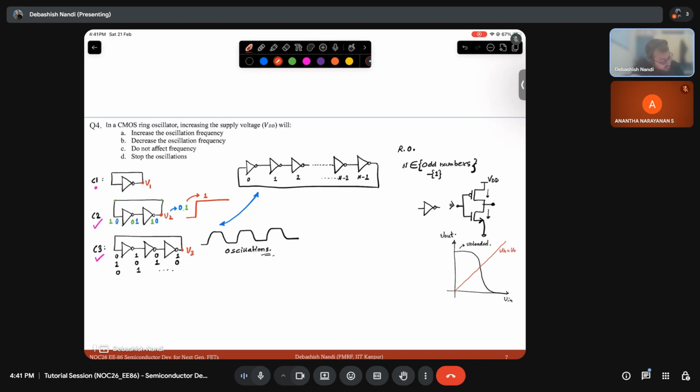This is Vin equal to Vout, a straight line. This is what this connection actually means. So what is the common solution of these two? This point. This is called Vm, which will be very close to VDD by 2. So your output gets saturated at VDD by 2.